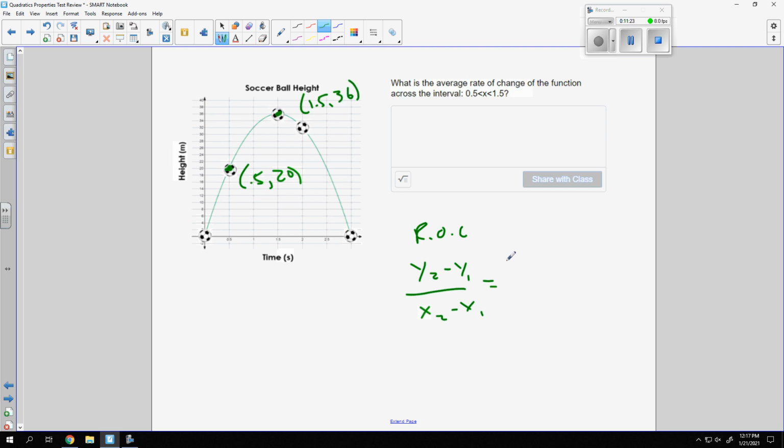So to find the rate of change, I'm going to label this as point 2. This is point 1. So 20 minus 36 over 0.5 minus 1.5. And that should be negative 16 over negative 1. My average rate of change, or the slope of the line that connects those 2 points, should be positive 16.